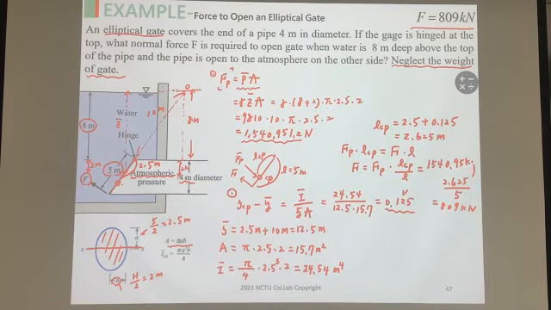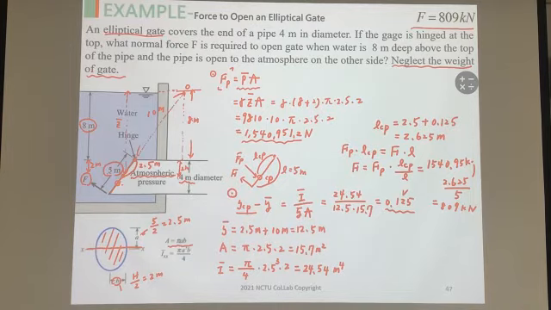So the two key questions: we need to find out the pressure force first, and second we need to know exactly the YCP location, so we can estimate the normal force required to open the gate.